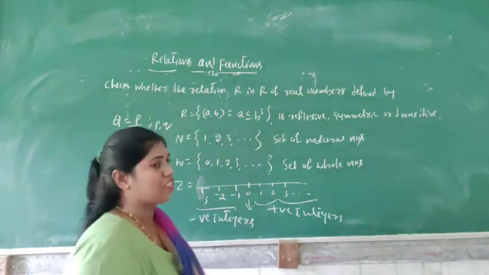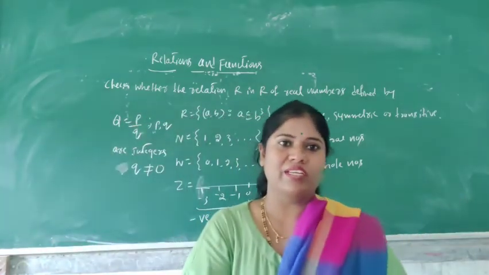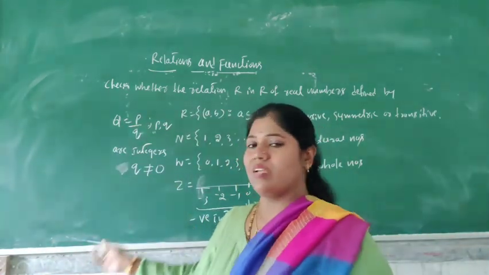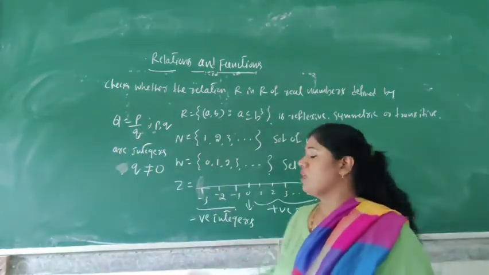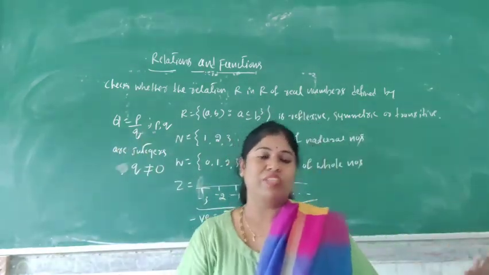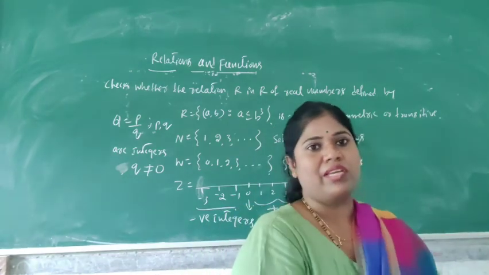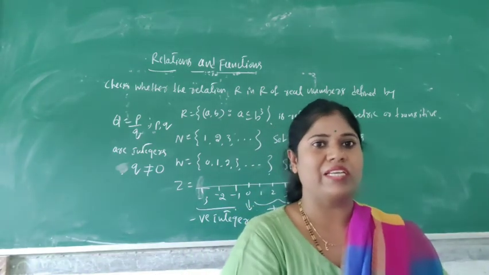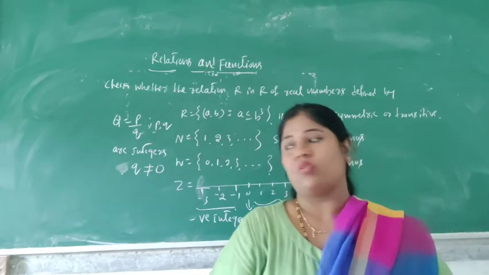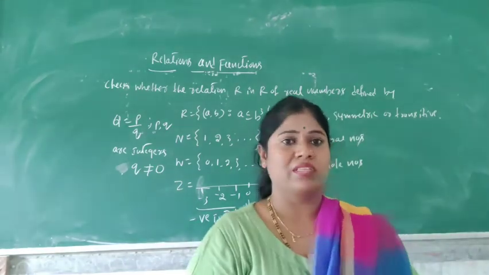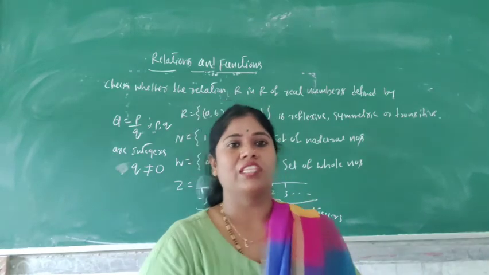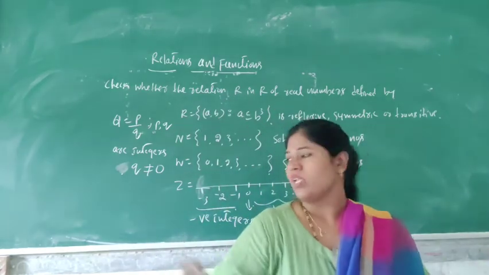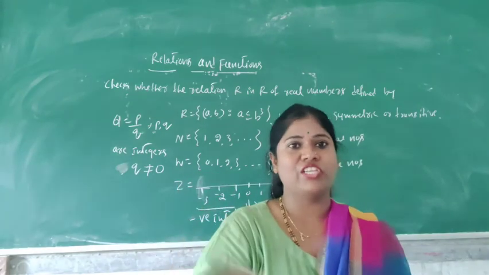So in the rational numbers, terminating decimals and non-terminating decimals come under decimals. Okay, this is with decimals, this one is without decimals. Irrational numbers cannot be expressed in the form of P by Q. They do not have a ratio.